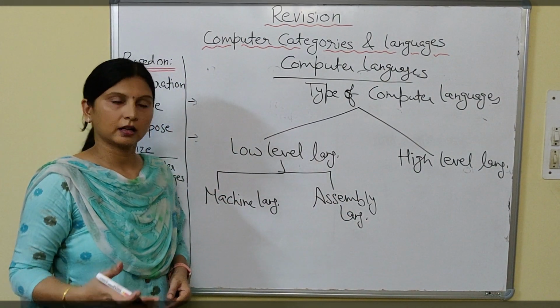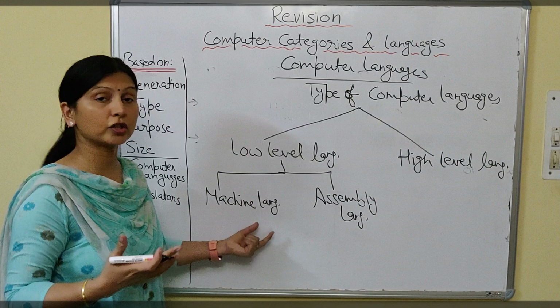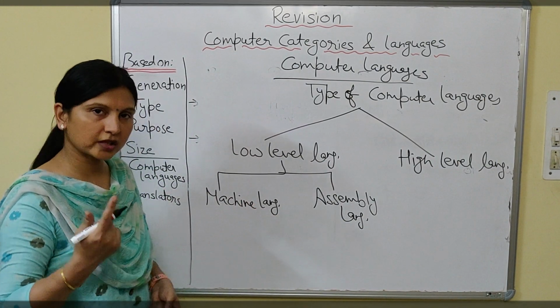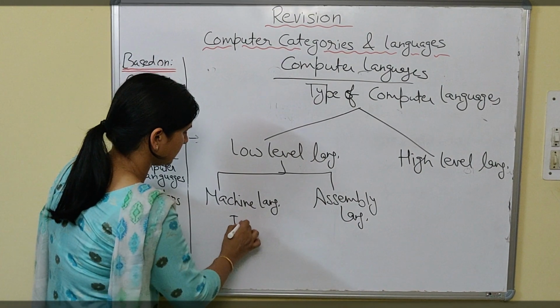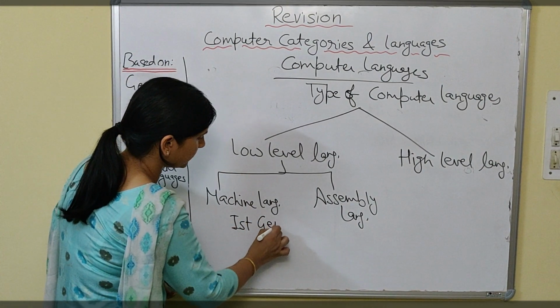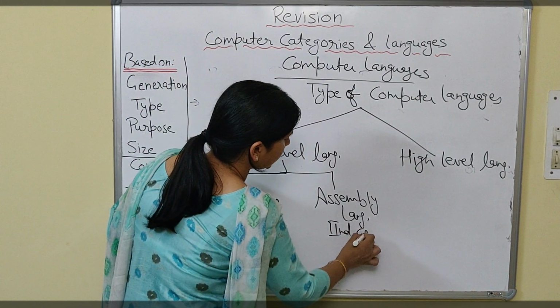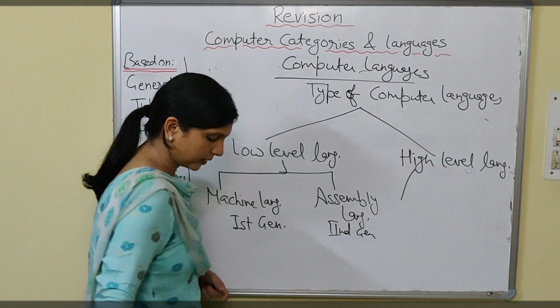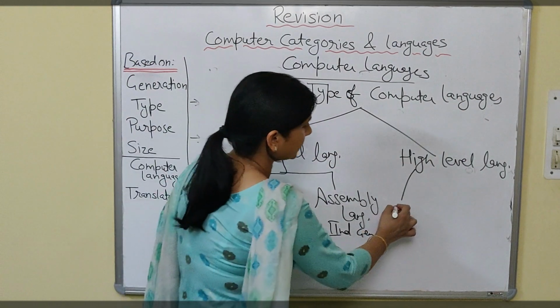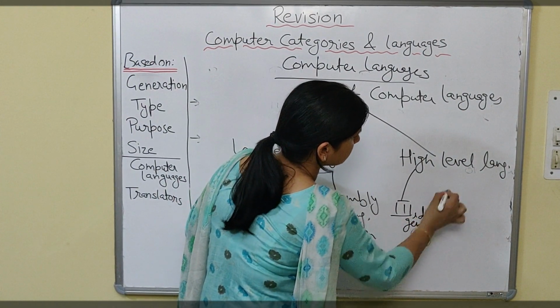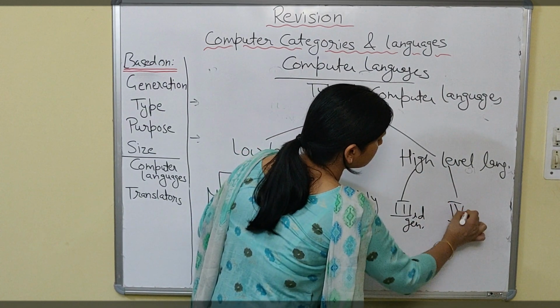Now if I talk regarding the generation of languages, we can categorize machine language as first generation language, and assembly language as second generation language. Now high level languages are again categorized into third generation and fourth generation.